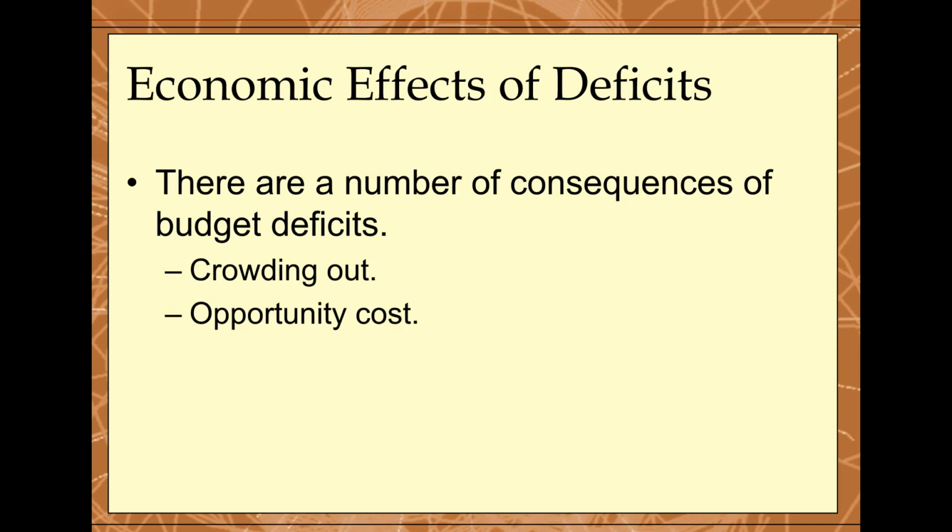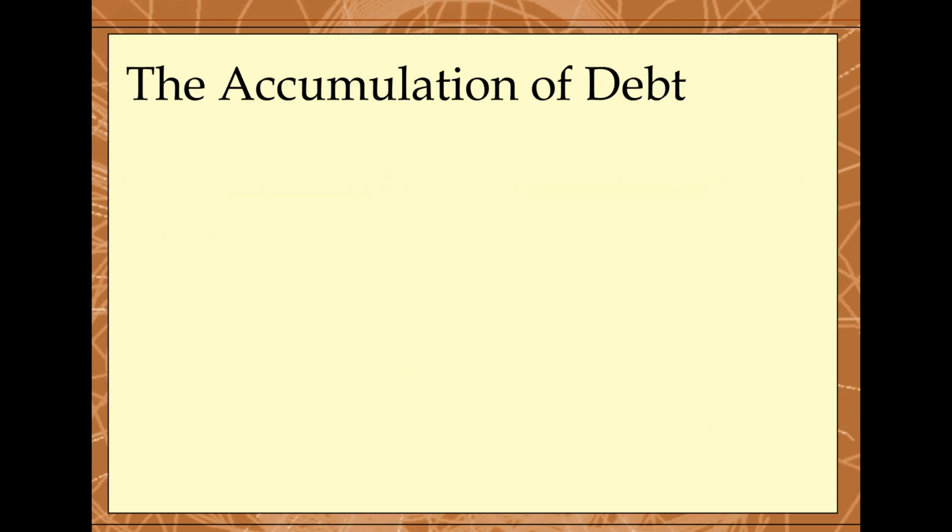So businesses may borrow less as a result of the decision for the government to borrow more today. And of course, the fact that borrowing is changing, it's going to change interest rates. So let's take a look at what happens when an economy like the United States runs a budget deficit for many years. It accumulates in the form of debt.